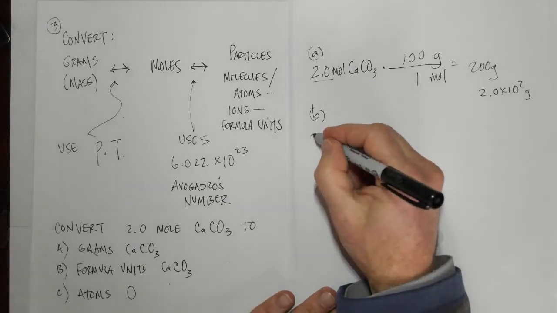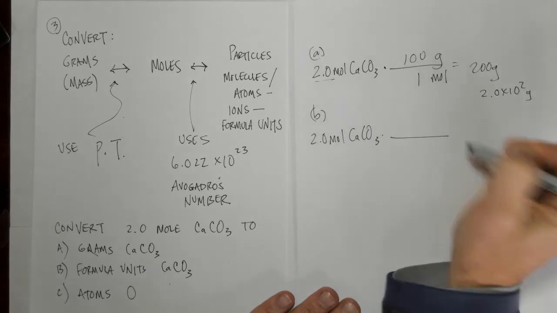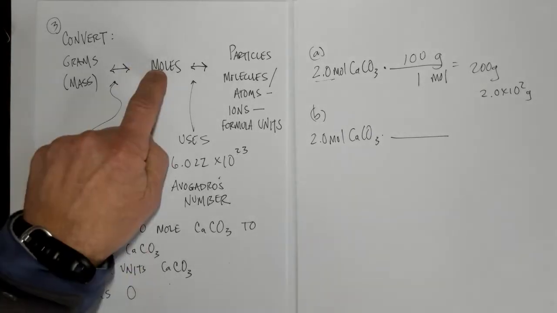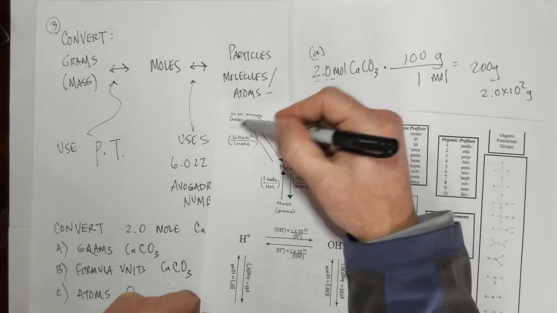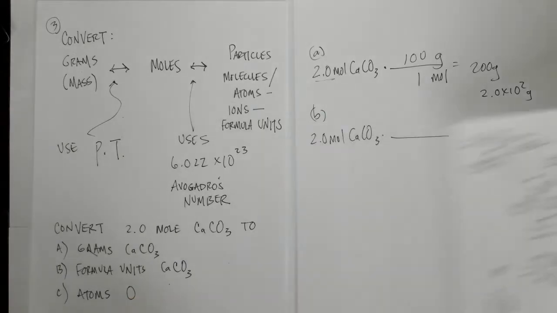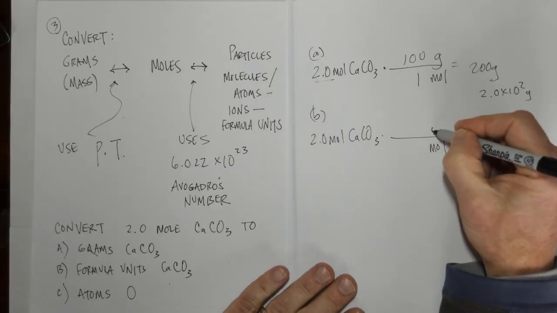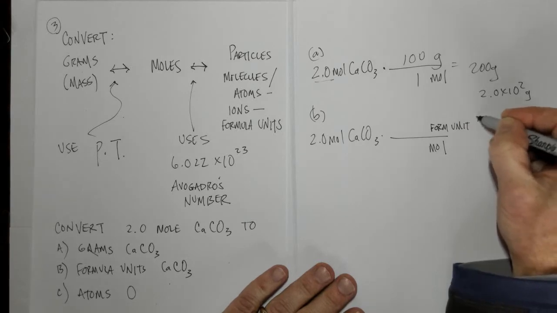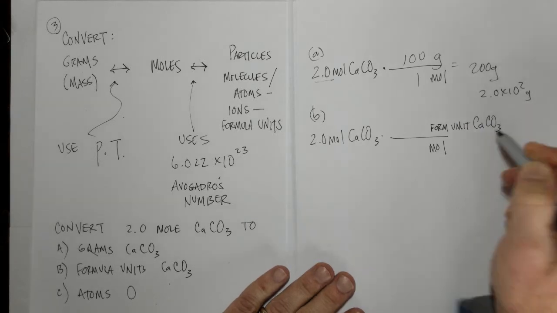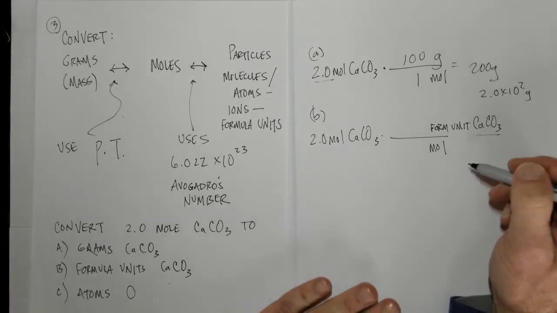Letter B, then, formula units. So now we have 2 moles of calcium carbonate. Put a multiply sign, put a line. And to go from moles to formula units, we use Avogadro's number. So we'll put mole in a position where it's going to cancel. We'll put formula units of calcium carbonate. Some people call these molecules when they're made of all nonmetals, so that might be a better way to think of it.